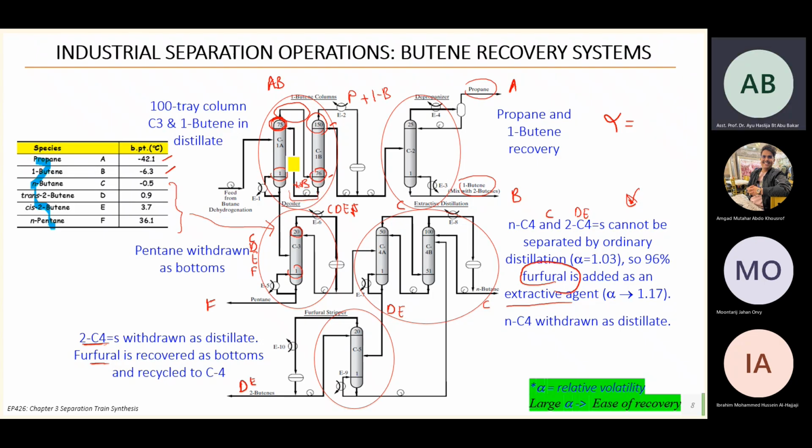It has its own arrangement based on the properties of the components. Later on you will see perhaps ABCD as distillate, EF as bottom, then from there separate. There are many possible sequences.